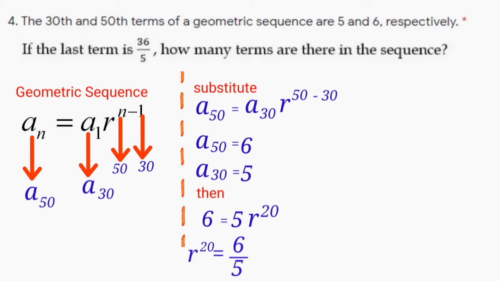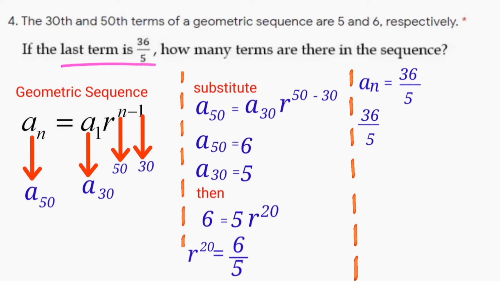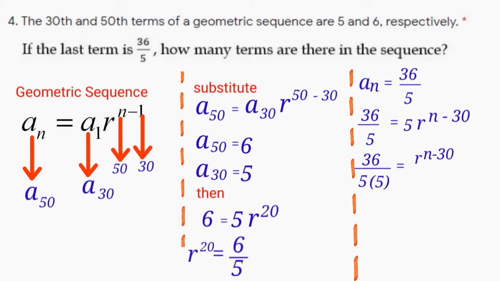Using the given, we could say that the last term is 36 all over 5. So 36 all over 5 is equal to 5 times r raised to n minus 30. Transpose 5 to get 36 all over 5 times the quantity 5 is equal to r raised to n minus 30. So 36 all over 25 is equal to r raised to n minus 30.